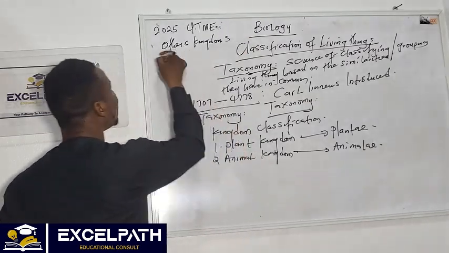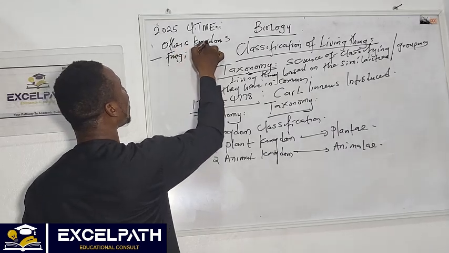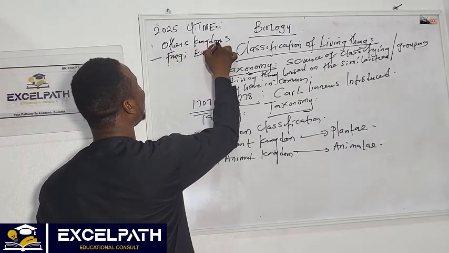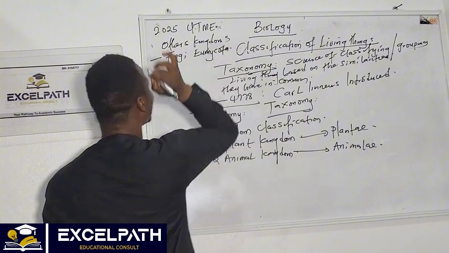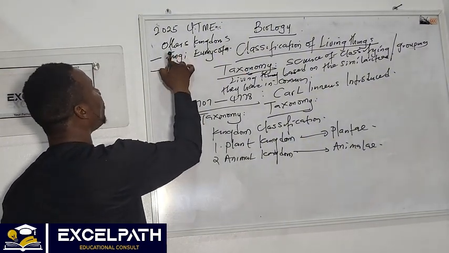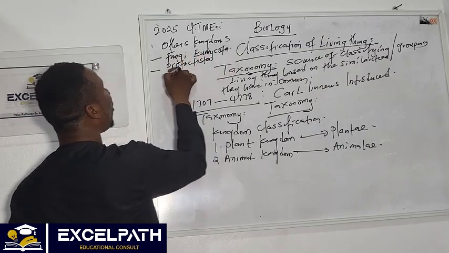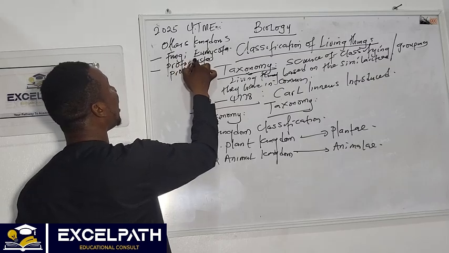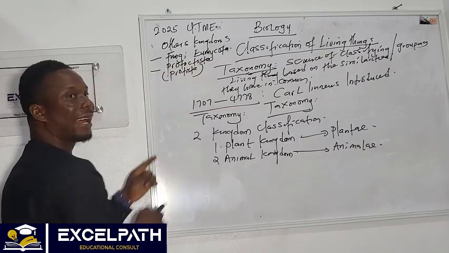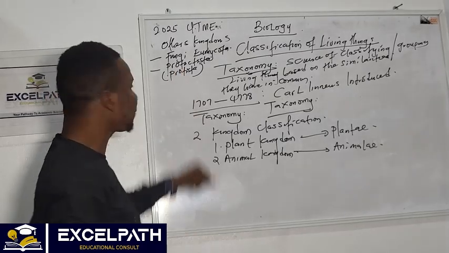Now, the other kingdom classifications include kingdom Fungi, which can also be called kingdom Eumycota, making 3. Kingdom Protoctista, which can also be called kingdom Protista, formerly called Protista but now called Protoctista.